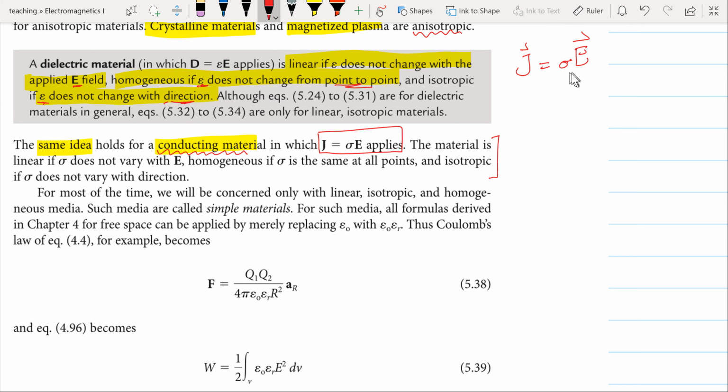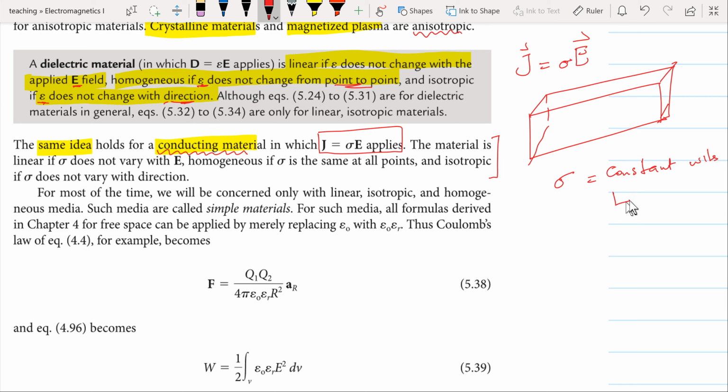So if a conductor has sigma as its characteristic, or sigma is the conductivity of that material, then we say that if sigma does not change, remains constant with E, then that material is said to be linear.